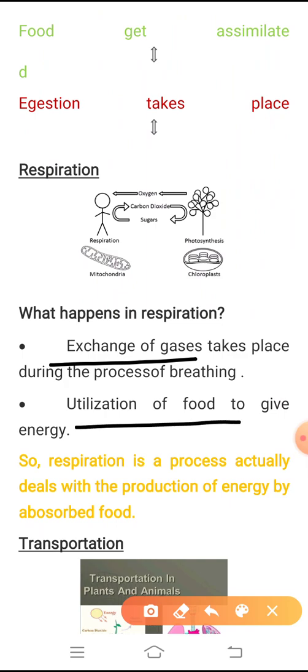Second, I am going to discuss the utilization of food to give energy. What is meant by utilization? Using the food. How respiration helps in using the food and producing energy, we are going to discuss. So as I said, we are going to talk about two things under respiration.